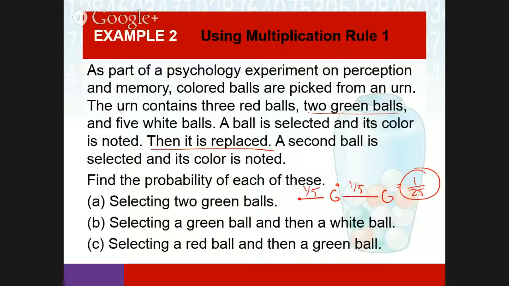B is saying selecting a green ball and then a white ball. All right. So this one is going to look like a green ball, and then a white ball. So what's the probability of getting a green ball? 1/5. What's the probability of getting a white ball? 1/2. So this would be 1/10.